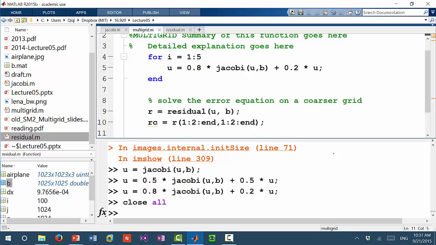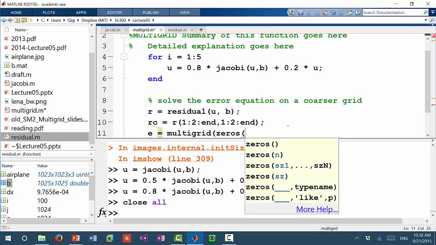And what do we use to solve on the coarse grid? Why not just the multigrid itself? So here I'm going to call the same function I'm coding up here recursively. I'm going to say E is equal to multigrid. And my initial guess would be zeros, because I don't really have a good initial guess.